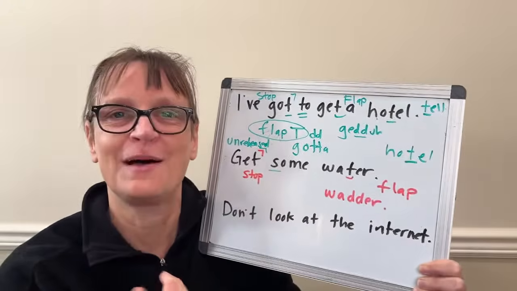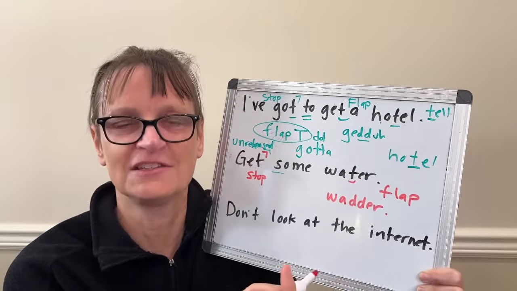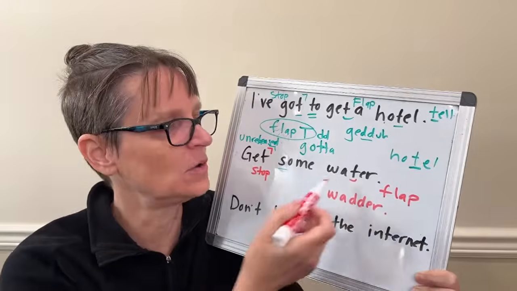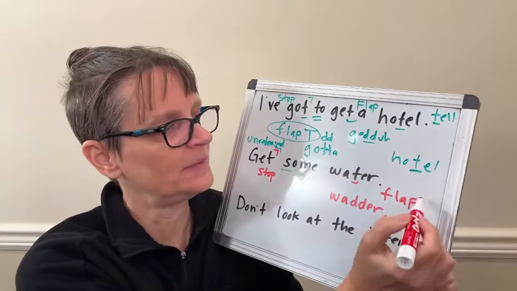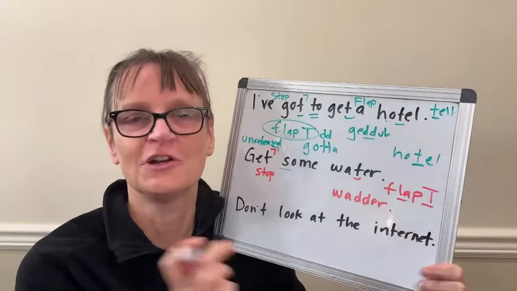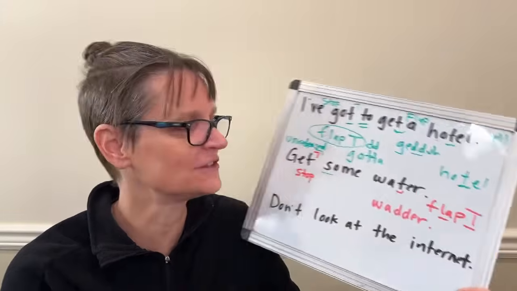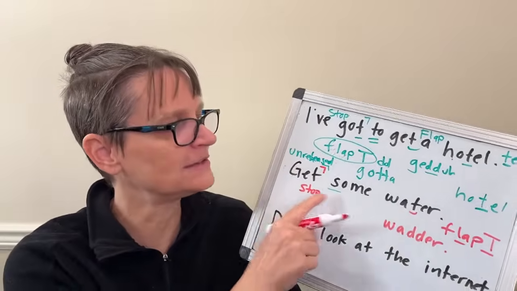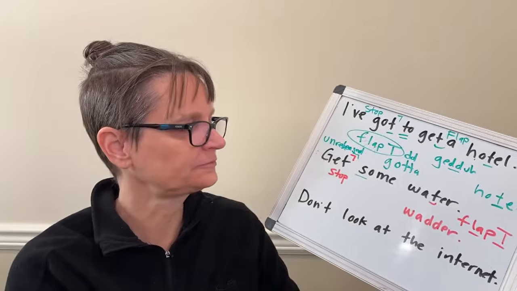We make a flap when we have two Ds in the middle, like in bedding, two T's in the middle, like betting, or words like water, greater, greatest, etc. The flap T again, you can learn about that sound, see lots of videos here on the channel, or learn in our Sounds of English course. So here we have "get some water," unreleased T, and flap T.